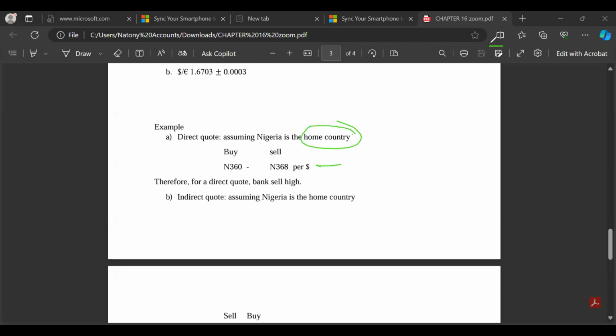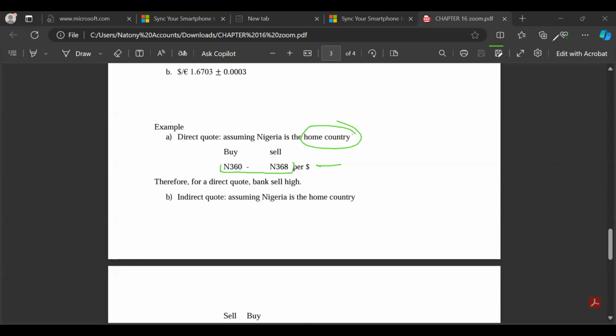Is this quotation a direct quote or an indirect quote? I want you to look at it. Is it direct or indirect? This is the pricing currency.